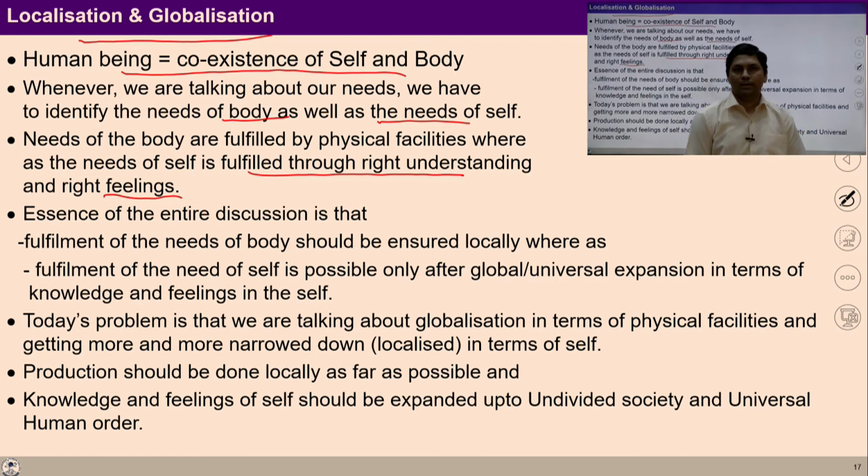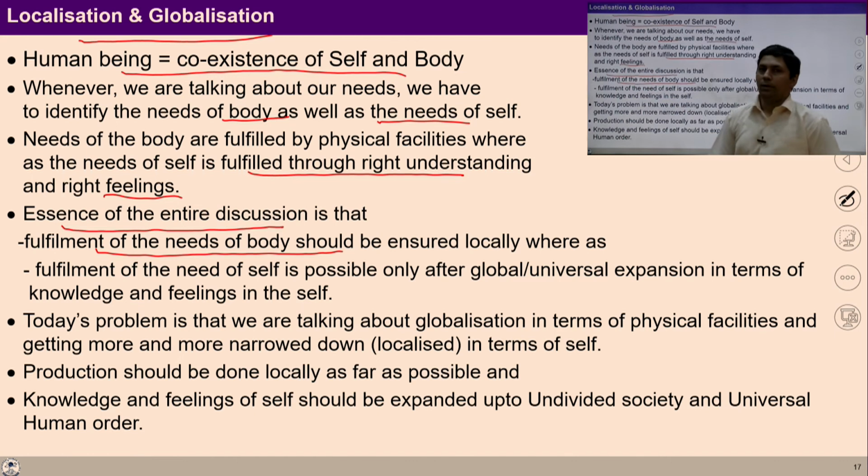If we sum up the essence of these discussions, we can say the fulfillment of the needs of the body should be ensured locally. Whatever is required to nurture and protect the body should be produced locally, because in the previous lecture we studied the relation between the local environment and the human body.